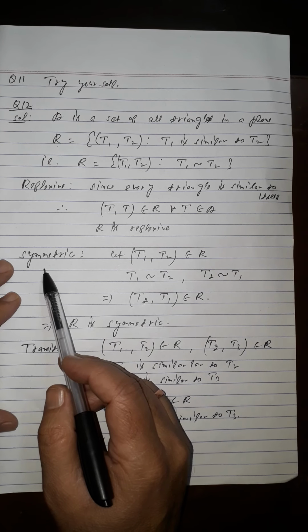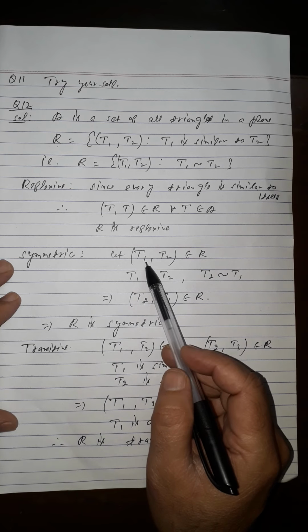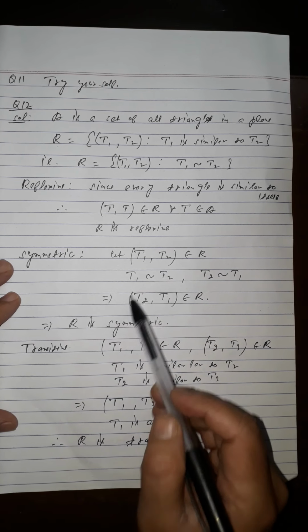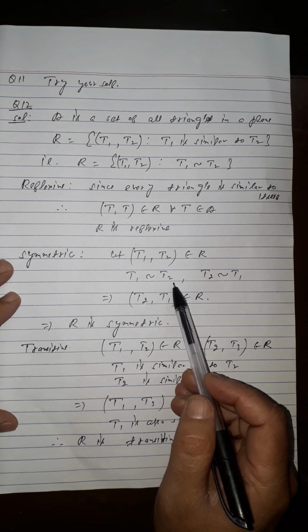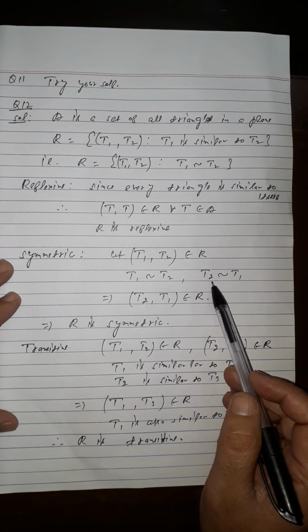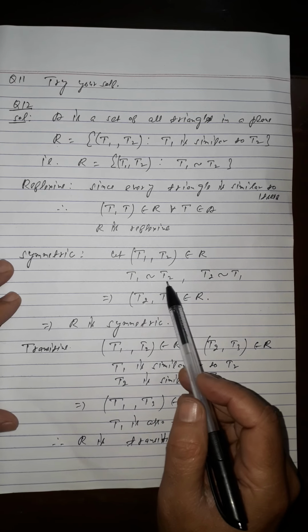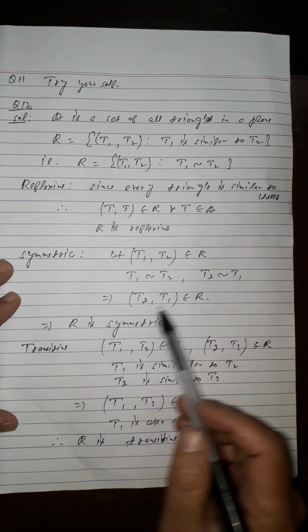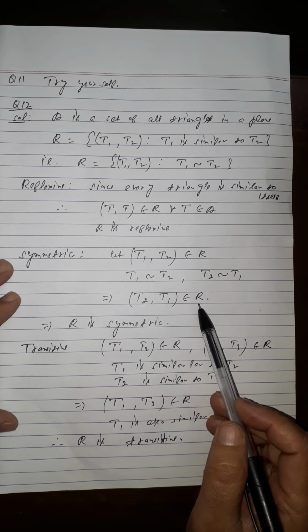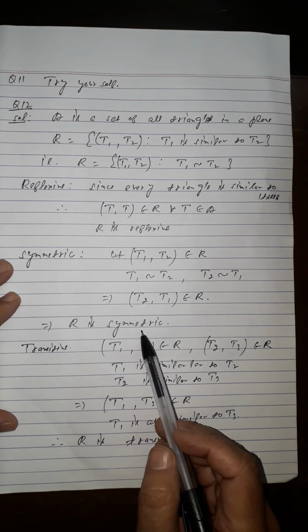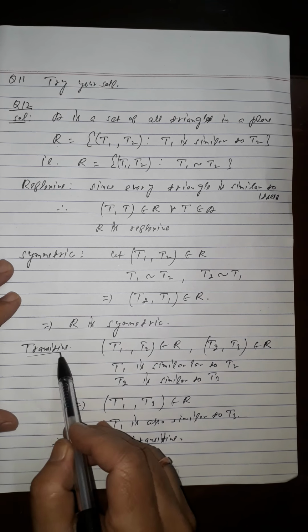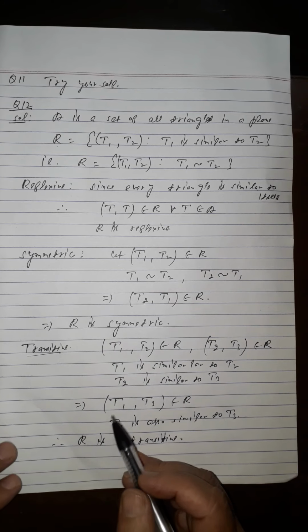Now come to symmetric. Let (T1, T2) belong to R. T1 is similar to T2 and T2 is similar to T1. So what you can say, if T1 is similar to T2 and T2 is similar to T1, then (T1, T2) belongs to R. Therefore R is symmetric. Now let us come to the third one, that is transitive.